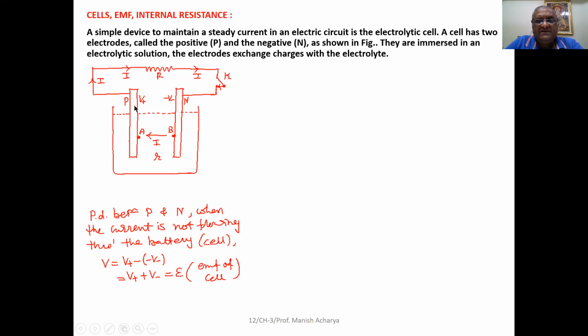We discussed this thing: one electrode is at positive potential because it is positively charged, another one is at negative potential because it is negatively charged.